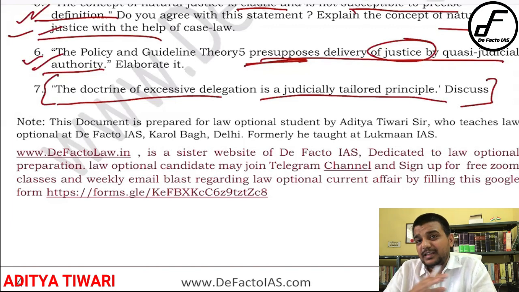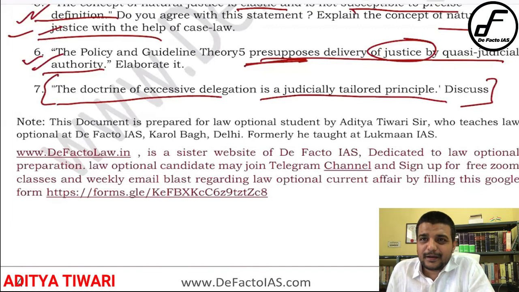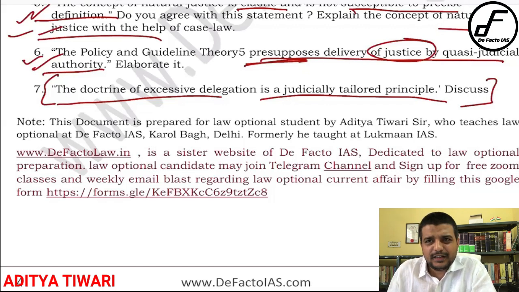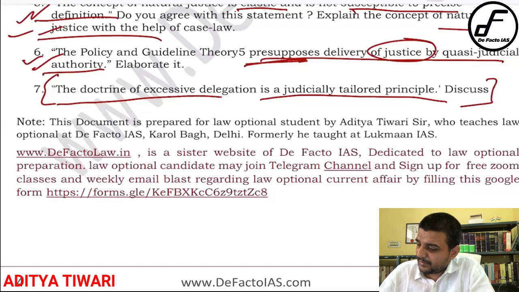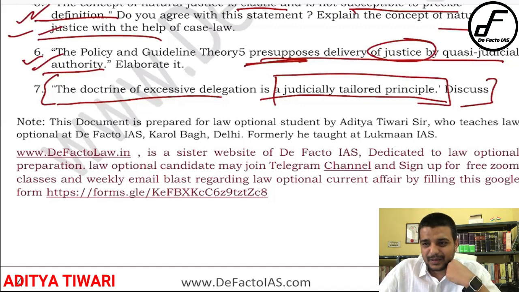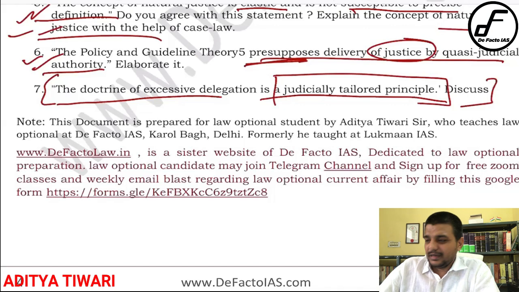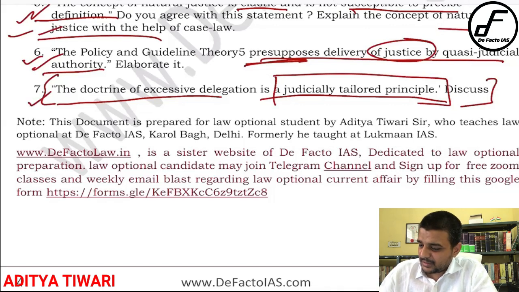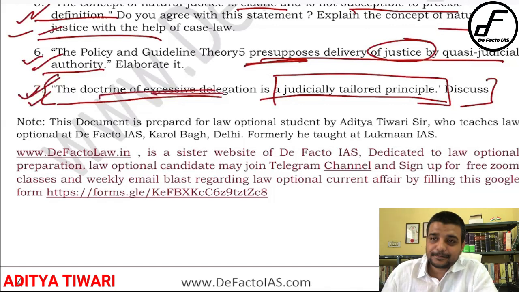Then you can say that nothing in the Constitution is there to control delegated legislation, so this principle of controlling delegated legislation basically comes from case laws. Then you can cite case laws, mainly the Delhi case and multiple judges' views. And then you can finally conclude it is a judicially tailored principle. It is not given anywhere in India, it has been crystallized by the judiciary. So that is the question that you have to write for today. Question number 7. Do remember it.